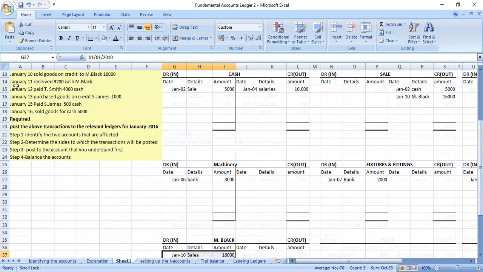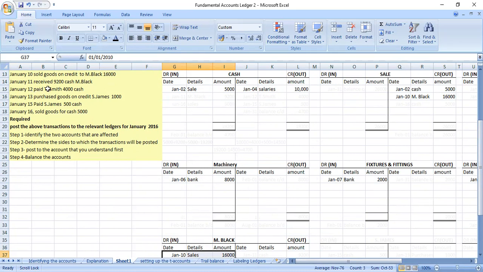So we are now at January 11, and it says receive $9,200 cash from M Black. So M Black paid us some money out of the $16,000 worth of goods that he had purchased initially.